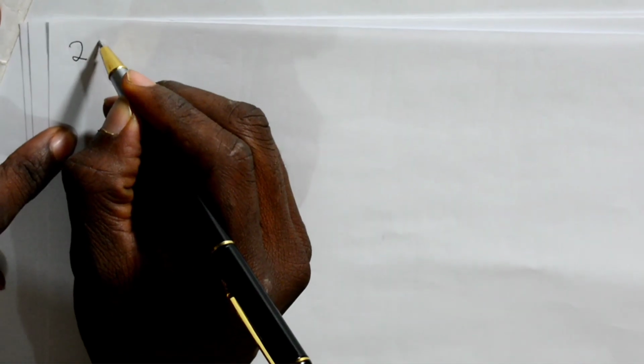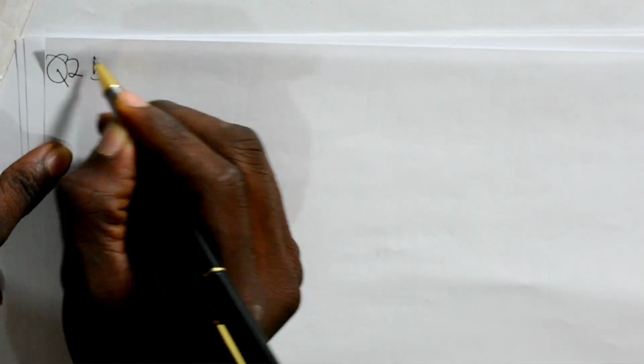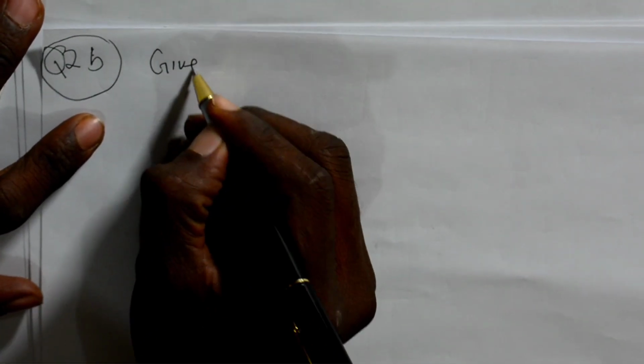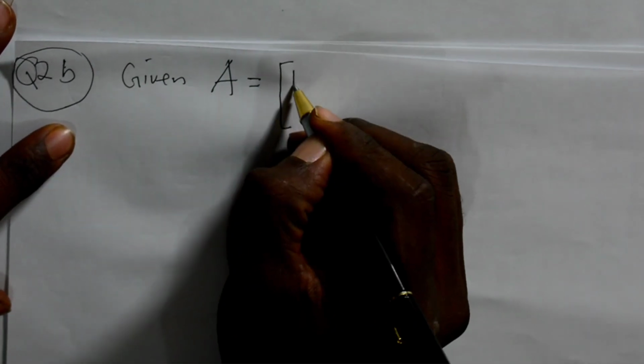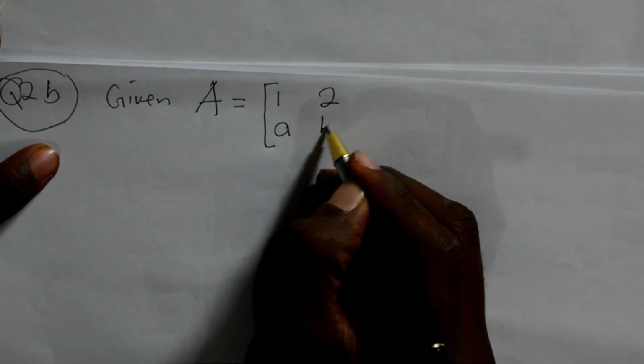So number 2b, which says, given A as a matrix of 1, a, 2, and b.